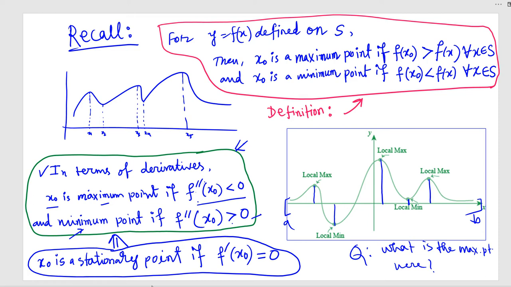So there comes the concept of global and local extremum. If you consider only this interval, then this is our maximum. And if you consider this interval, then this is our minimum.